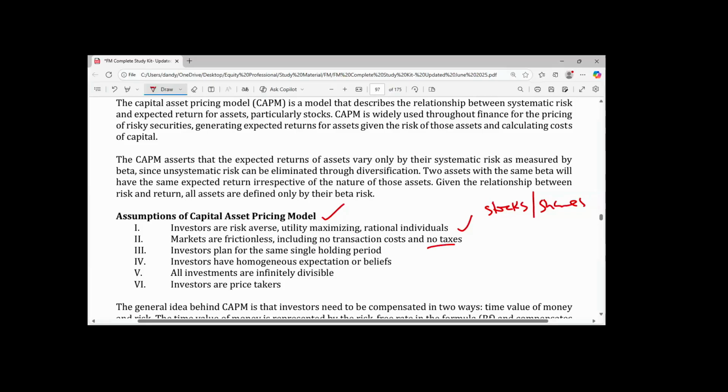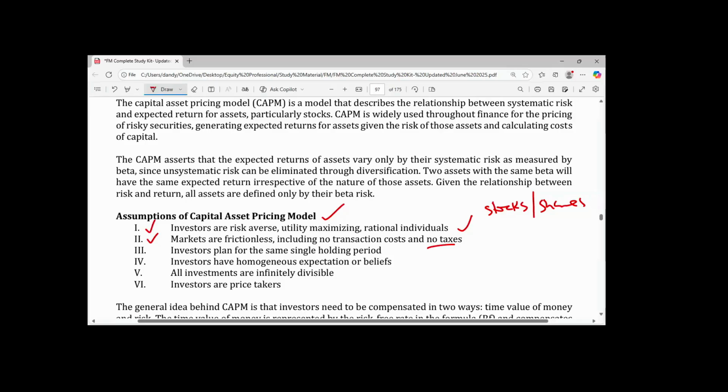Then the number 3 assumption states that investors plan for the same single holding period. That is, there will be only one time horizon, maybe a year. For example, all investors have one single year horizon. Which is not true because we are different individuals.